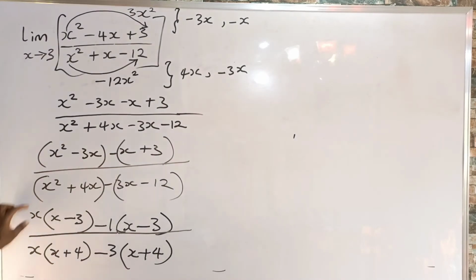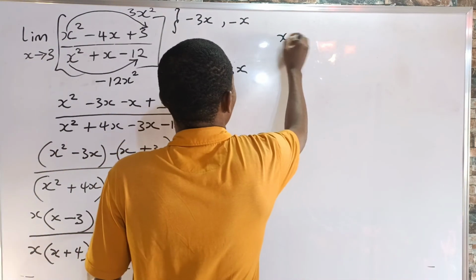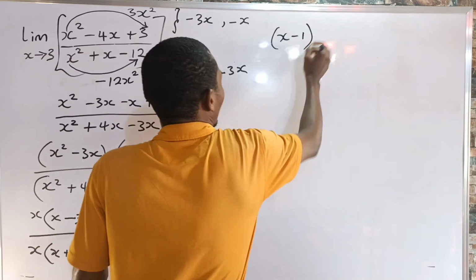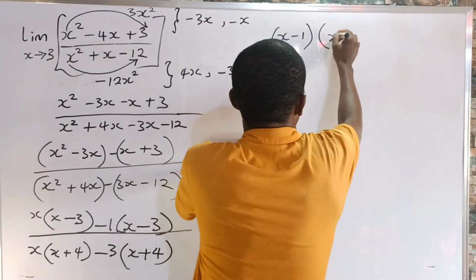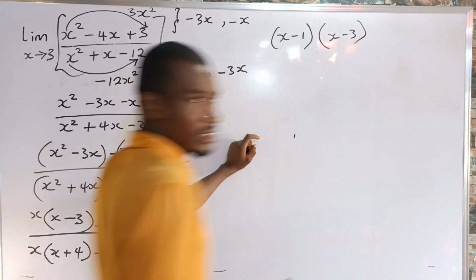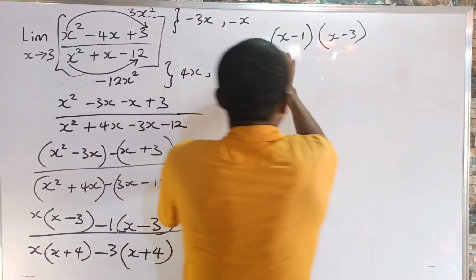Then we have that either x minus 1, or x minus 3, will satisfy the roots of the equation we are looking for, all over.